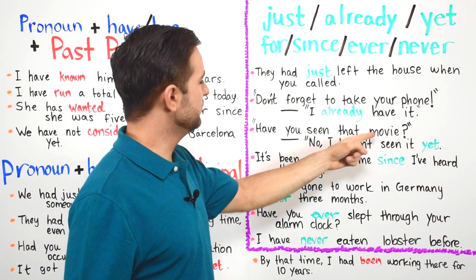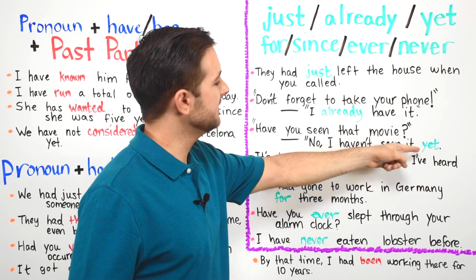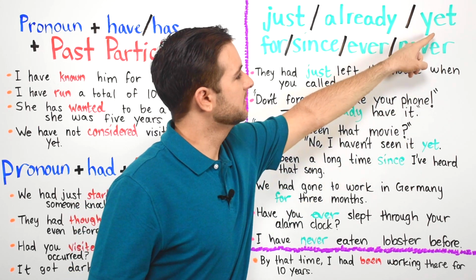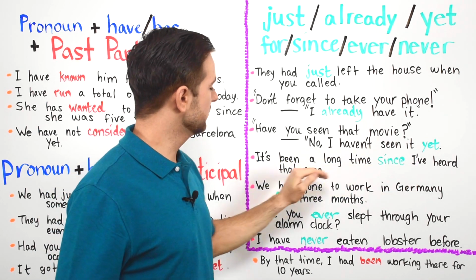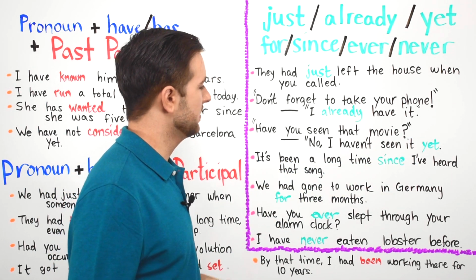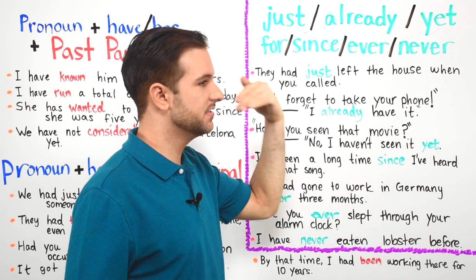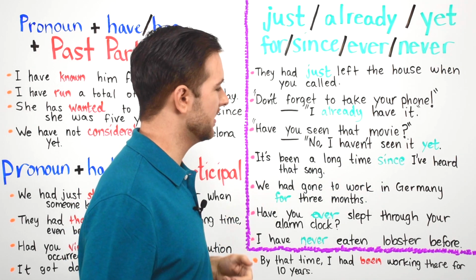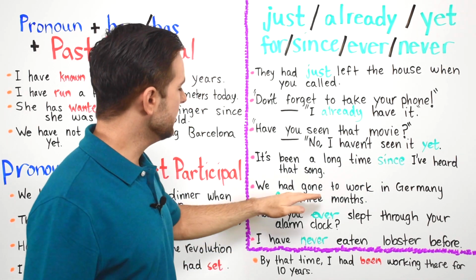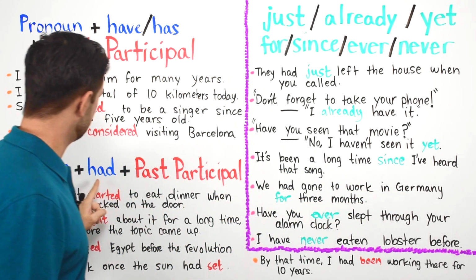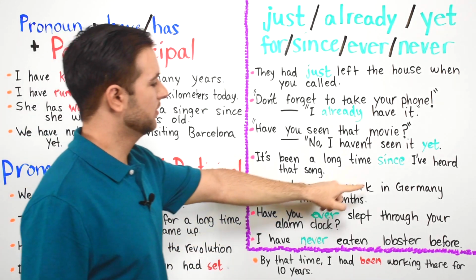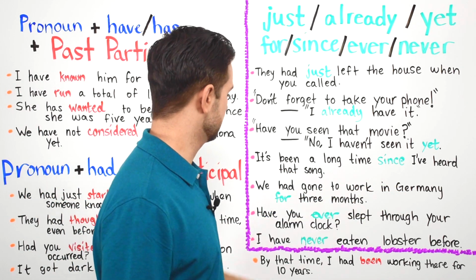Have you seen that movie? No, I haven't seen it yet. Yet, okay. It's been a long time since I've heard that song, okay? We're talking about since, a previous moment in time. It happened a while ago. We had gone to work in Germany for 3 months.